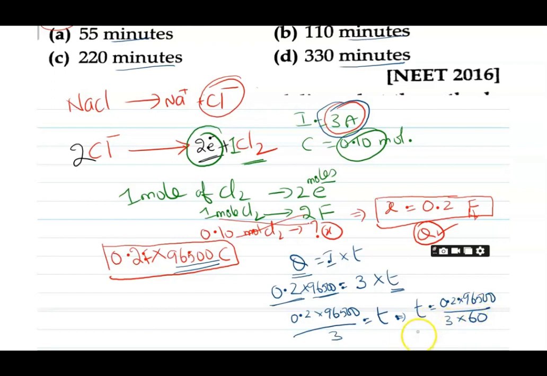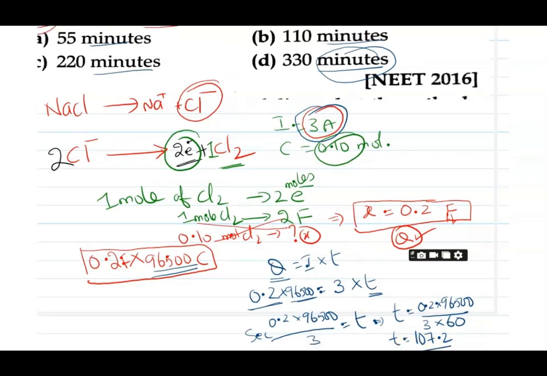Just divide it by 60. If you do it directly, you will get seconds, but we want the answer in minutes, so that is the reason why we are going to divide it by 60, where you will get the answer as 107.2. This will be the answer.